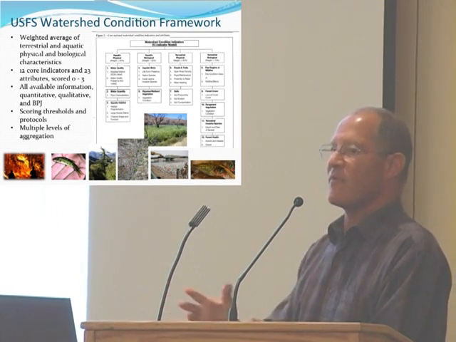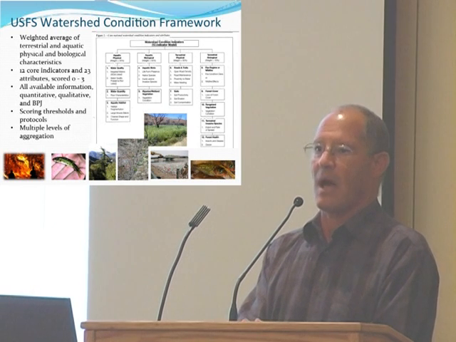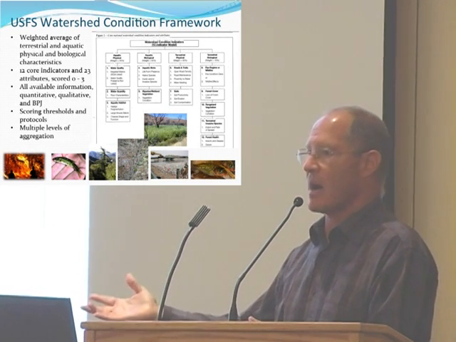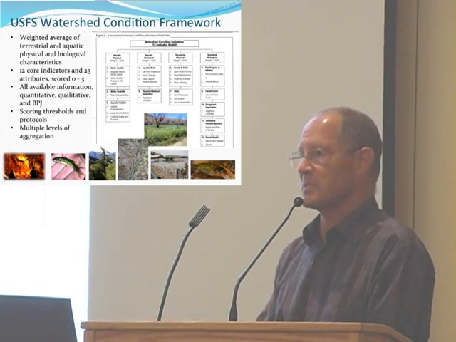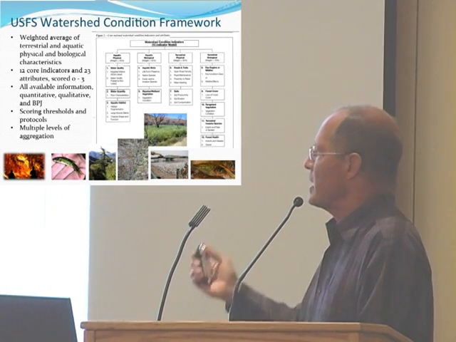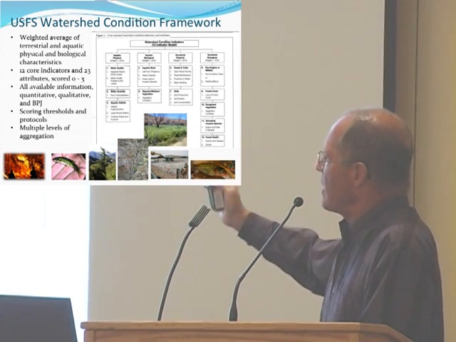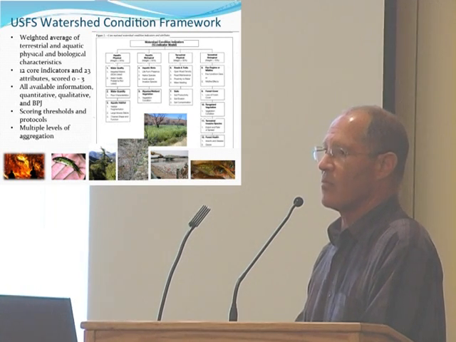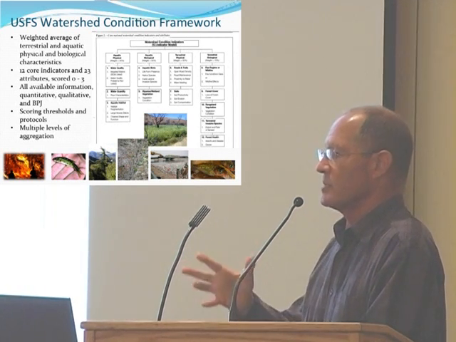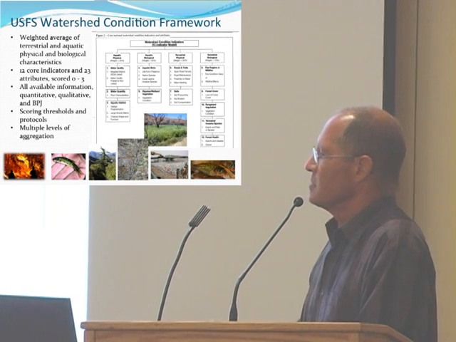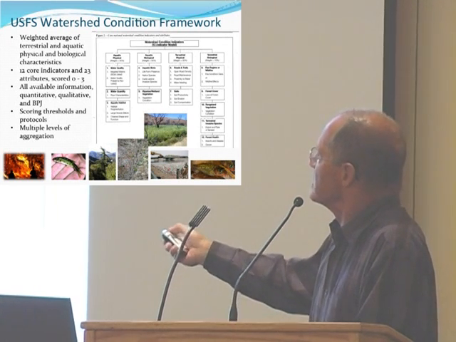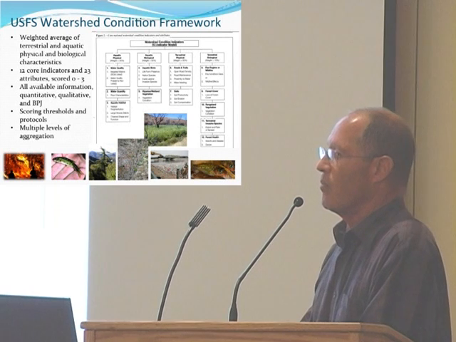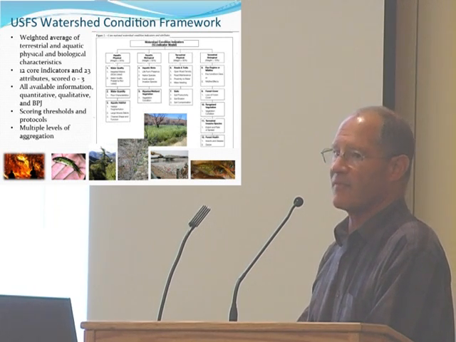So they take everything from observations all the way to whatever monitoring data they might get from other agencies, and they package it up into this framework, and they come up with an overall score for that watershed area, and they can also deconstruct that into scores for individual pieces of it, and they can tell which is at risk and which is highly functioning.